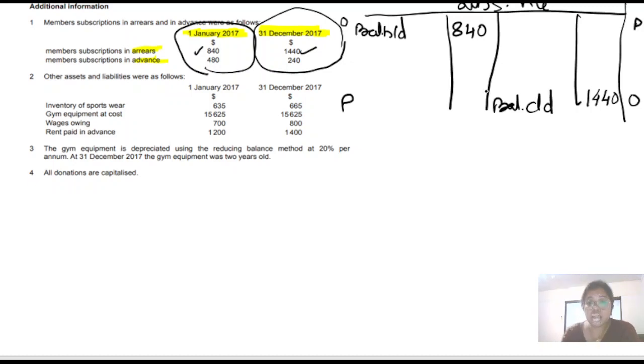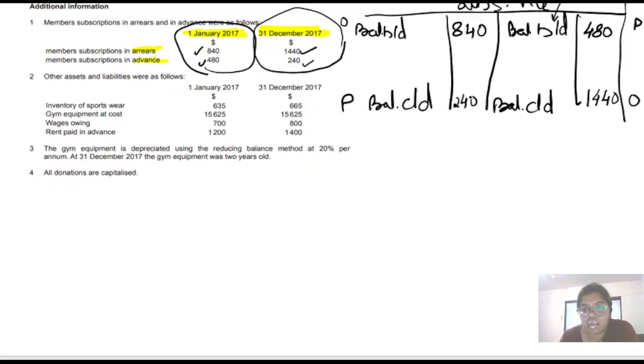Okay, then again you have to write balance brought down here and balance carried down here. Here you have to write the opening balance of P, which means prepaid, means advance. So the opening balance is 480, so we write 480 here, and the closing balance is 240, so we write 240 here.